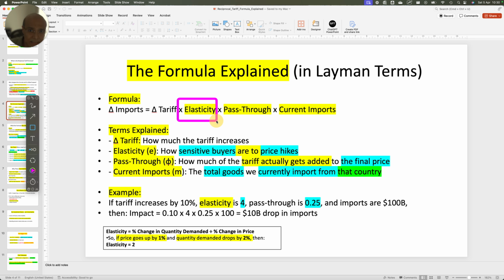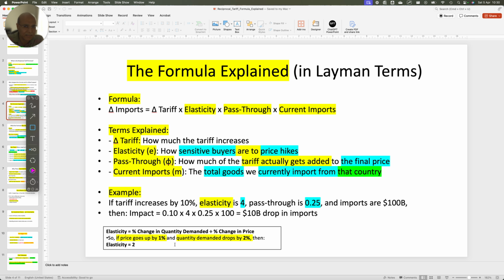This is the elasticity. What is elasticity? Elasticity is the percentage change in quantity demanded divided by the change in price. For example, suppose you increase tariff by 10%, and the price increases by 1%, and the demand drops by, let's say, 4%.